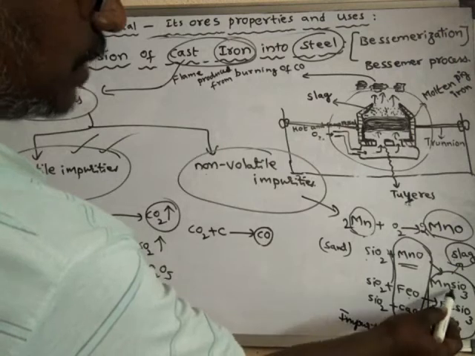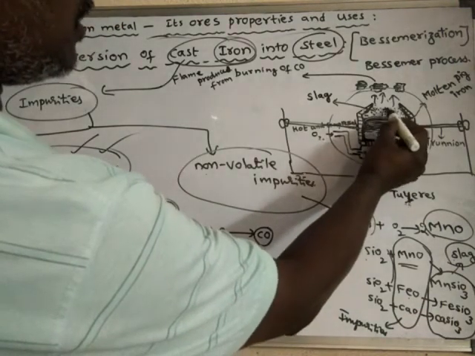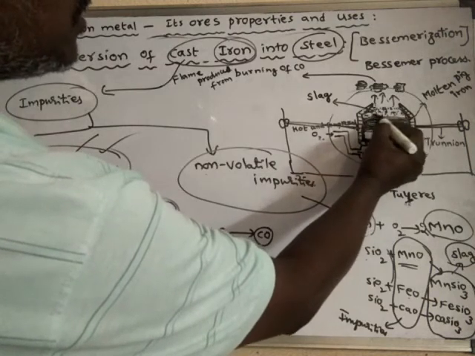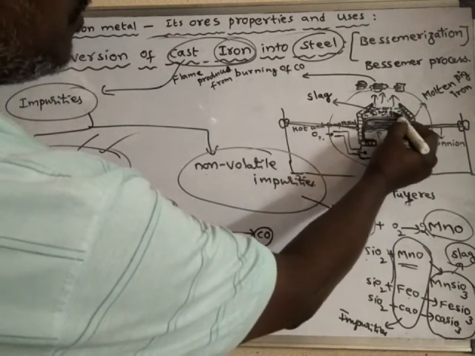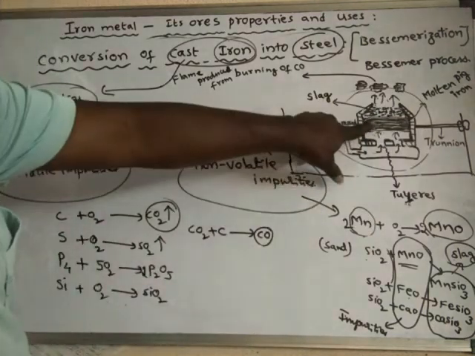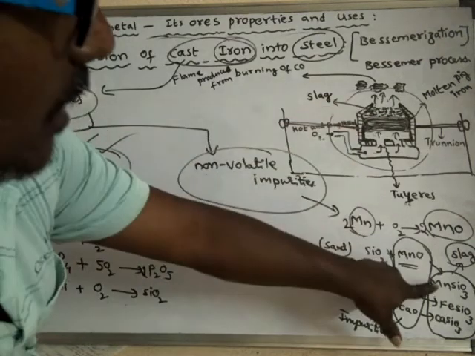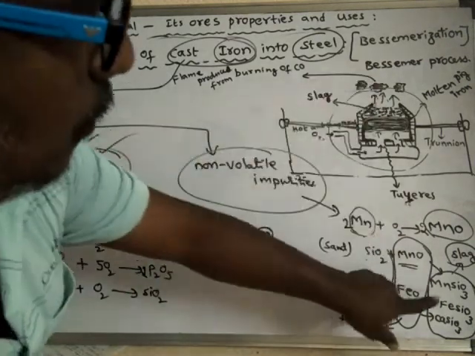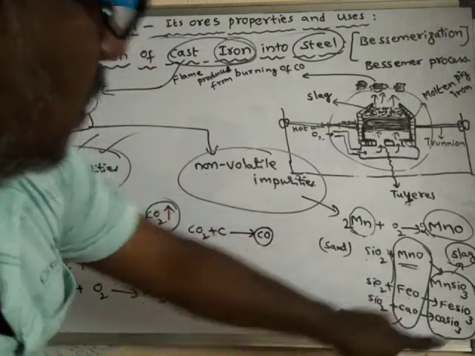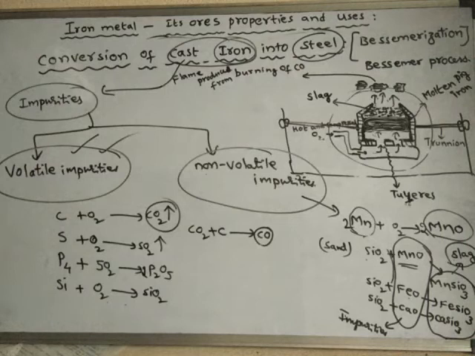This material occurs in the molten form, and being lighter in weight, it floats on the molten pig iron. Above this molten pig iron, you will find a very thick layer of slag, which contains these non-volatile silicate impurities.